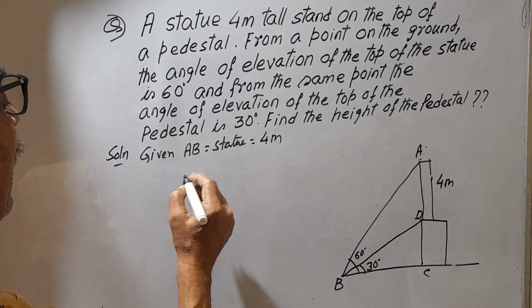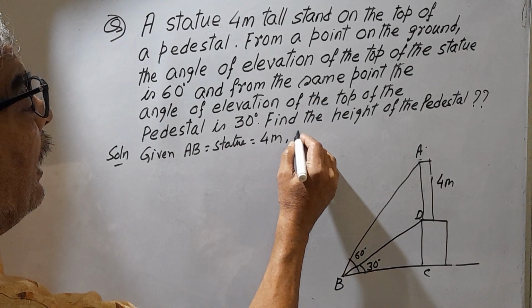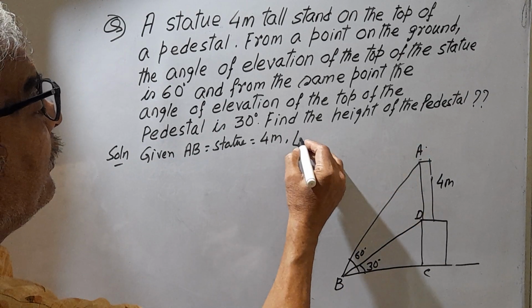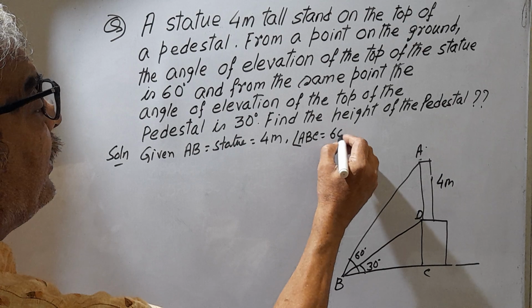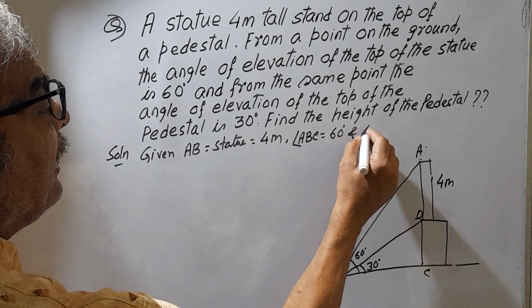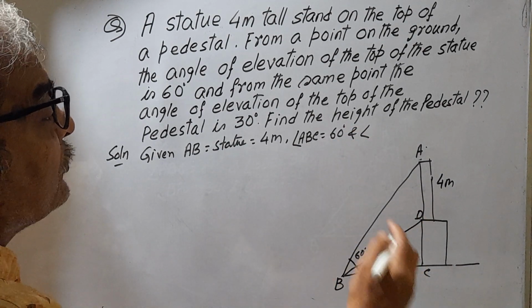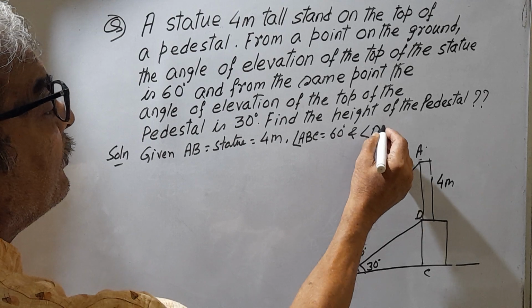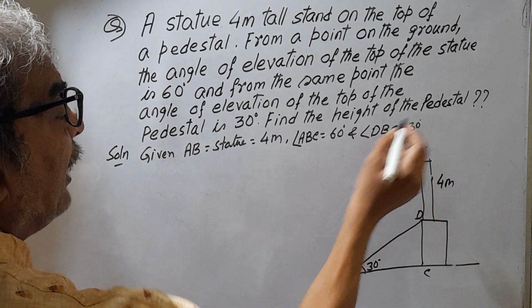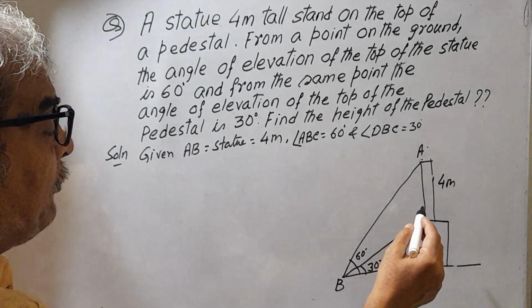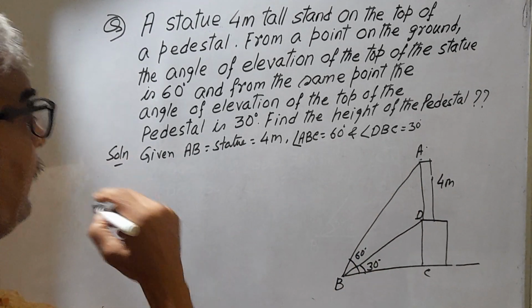And angle ABC equal to 60 degrees and angle DBC equal to 30 degrees. Now you see when DBC equal to 30, therefore DBA equal to 30 degrees.